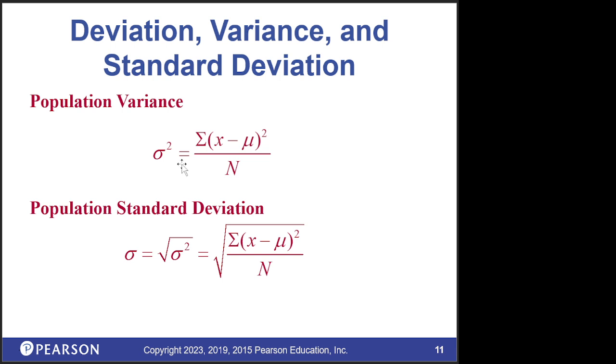If we look at it, it's asking for the sum of all the deviations squared, and then it's dividing it by the number of entries in the population. It then takes the square root of it, and we can think about the standard deviation as being not exactly, but close to what we're going to call the average distance the data is from the mean.